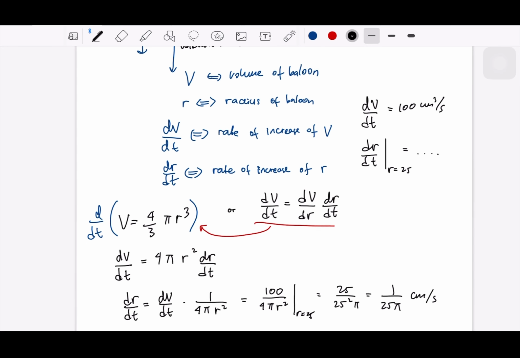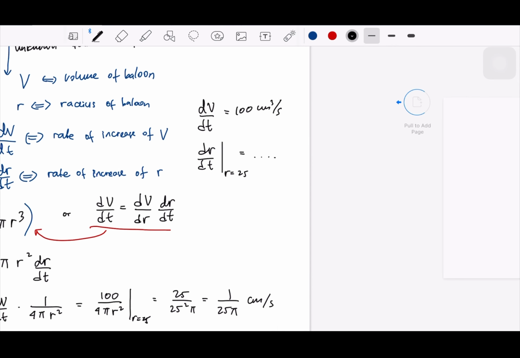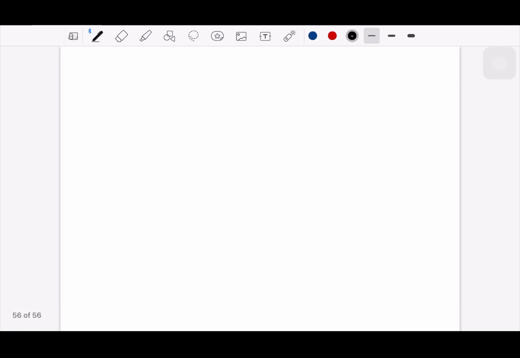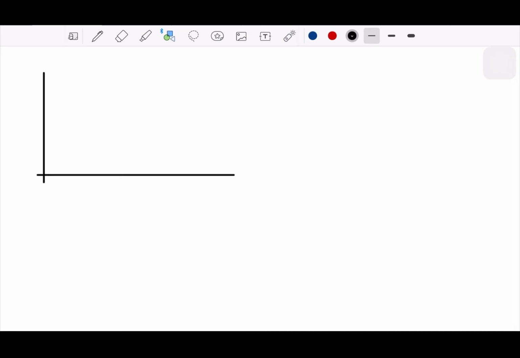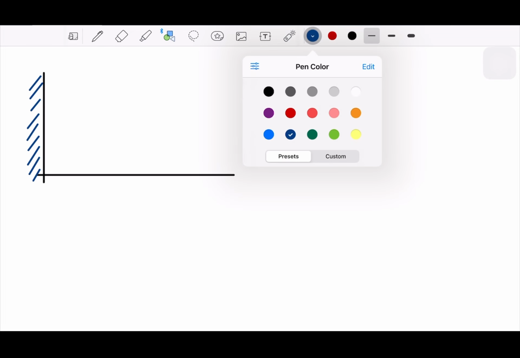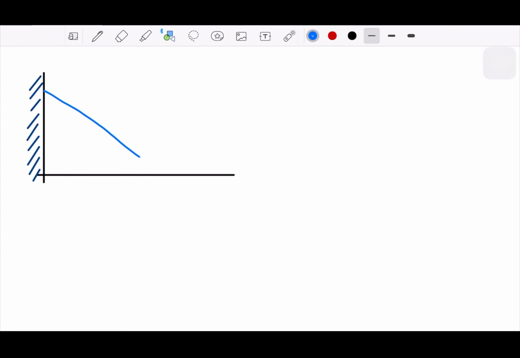Now, if we have another example, a typical classic related rates problem is the ladder. So let's say this is a wall, and you will have a ladder.